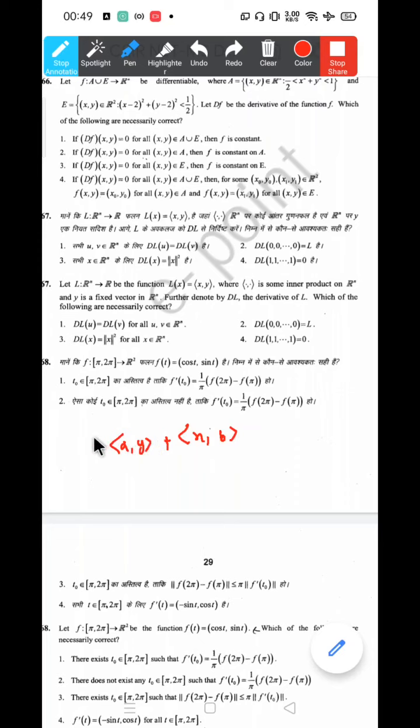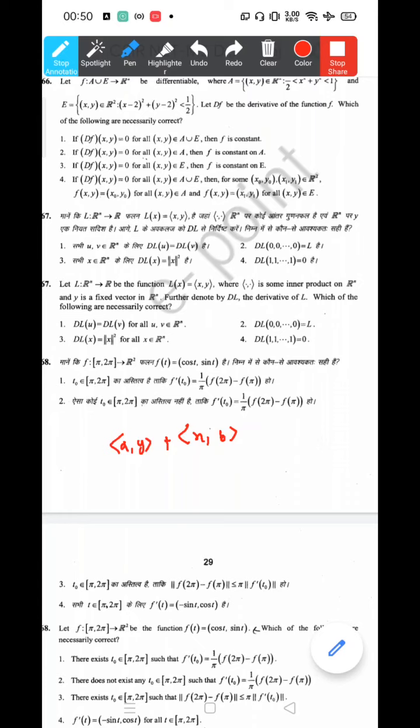This will be your derivative. Correct. Now what is your e and b? If I take it is 0, then what will be this? But why is this there? Wait a minute. This is n-dimensional, man. Okay.